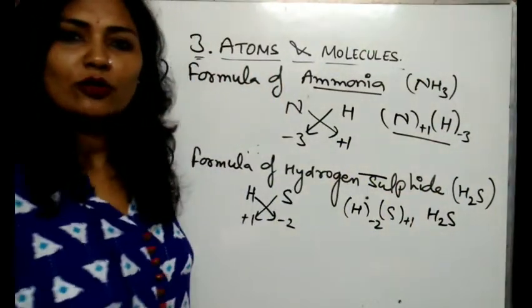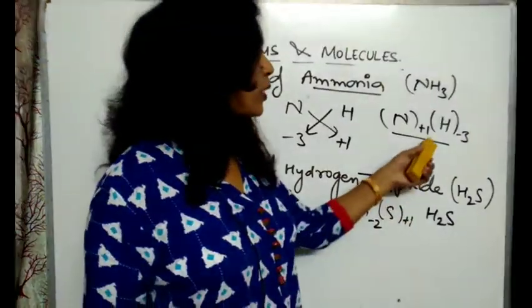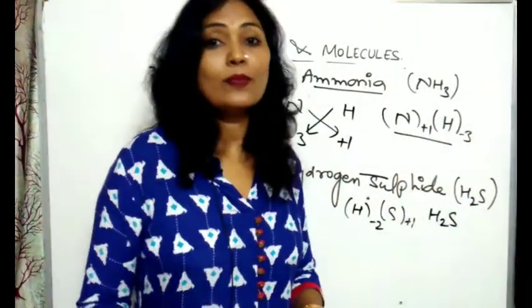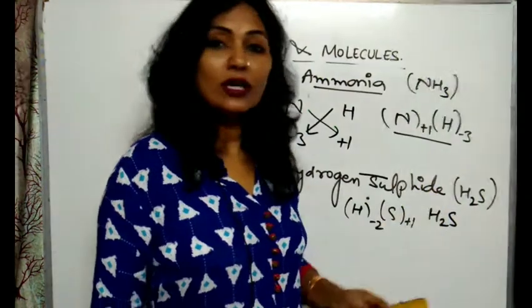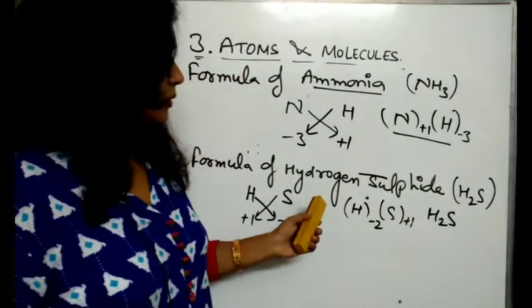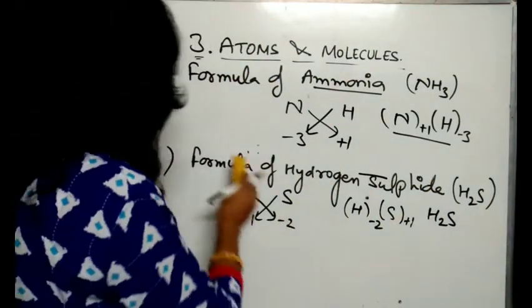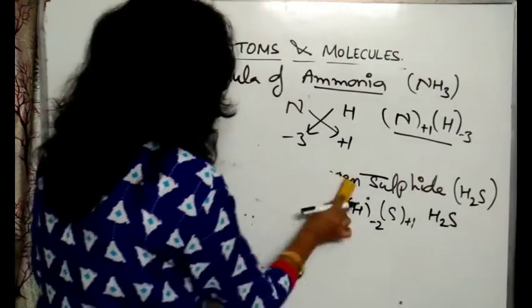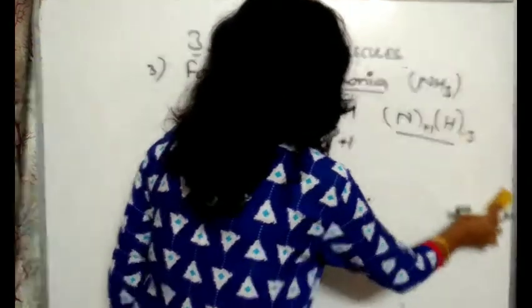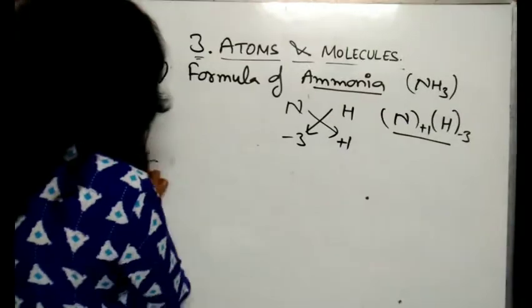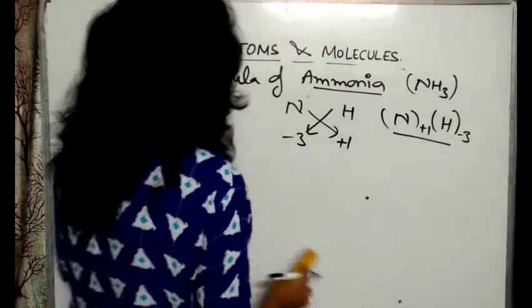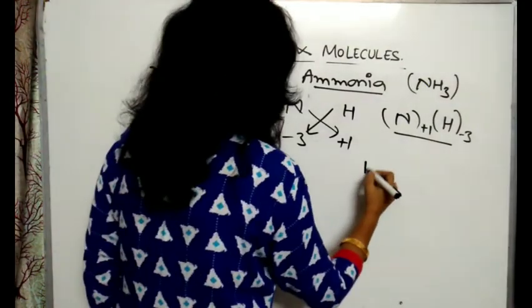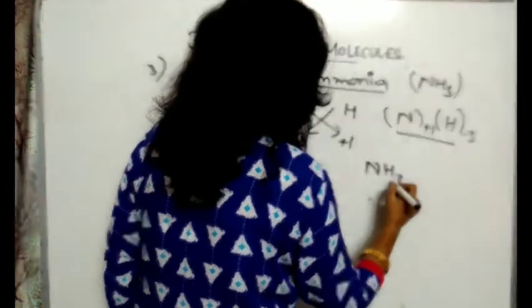Next step, what I told you: ignore the 1 if there is a 1, and take off the brackets also. Like that we have written NH3.